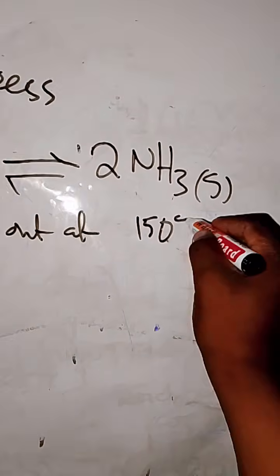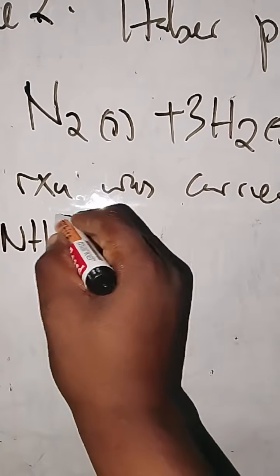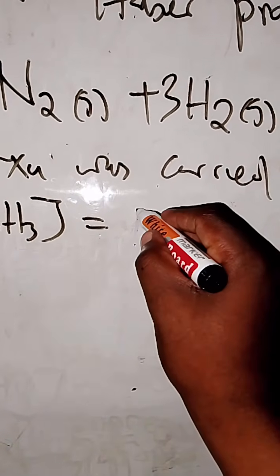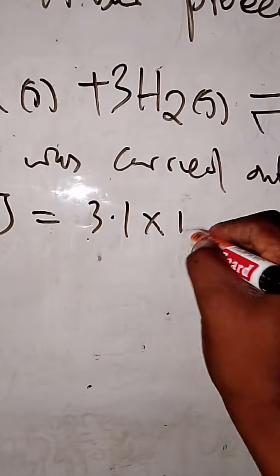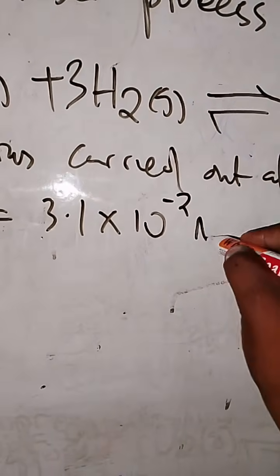This reaction was carried out at 150 degrees Celsius. The concentration of ammonia is equal to 3.1 times 10 to the power -2 molar.